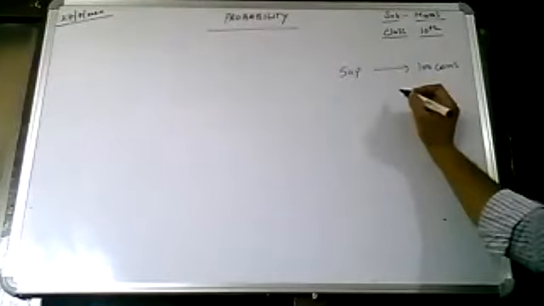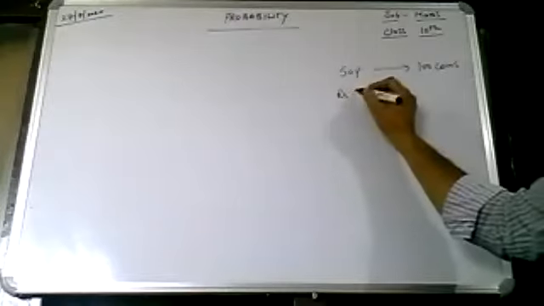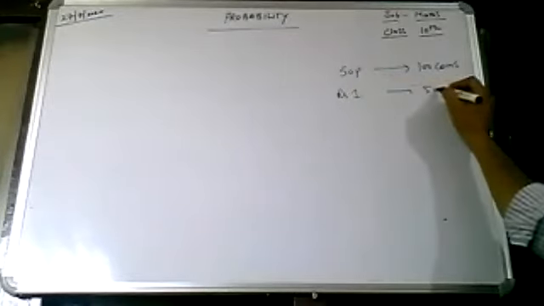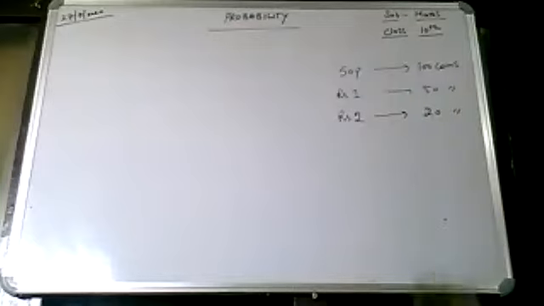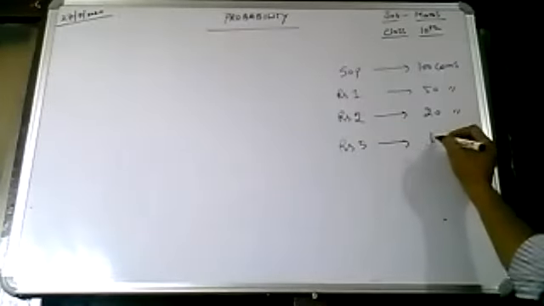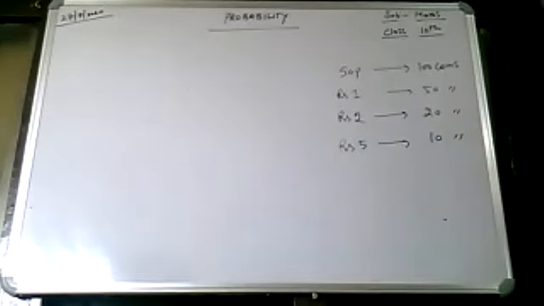Next, 50 rupees 1 coin, rupees 1 coin कितने हैं class? 50. Next, 20 rupees 2 coins, rupees 2 coin कितने हैं? 20 coins हैं. Next, 10 rupees 5 coins, rupees 5 coins कितने हैं? 10 coins.